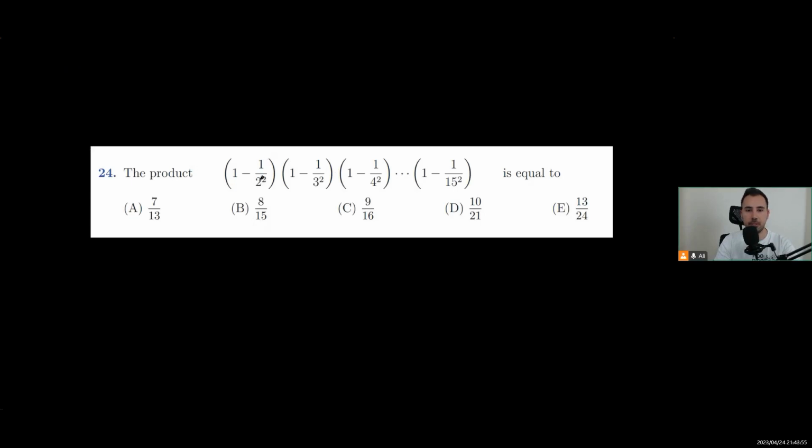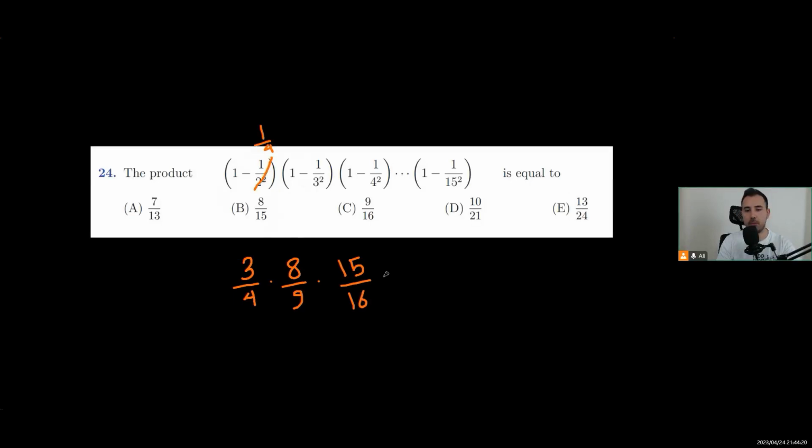Well, this is going to be 1 over 4, right? So 1 minus 1 over 4 will be 3 over 4. Okay, so likewise, this is going to be 8 over 9 multiplied by 15 over 16.